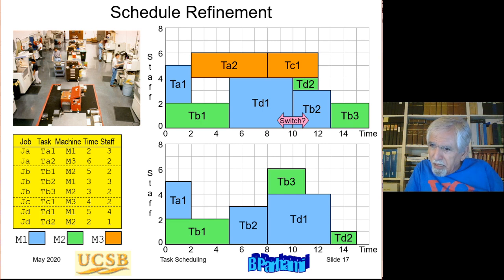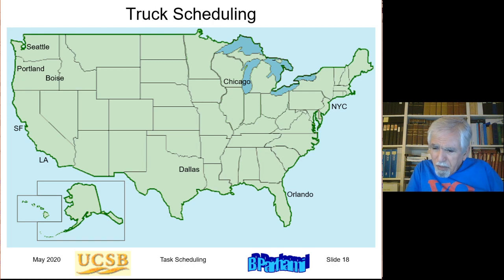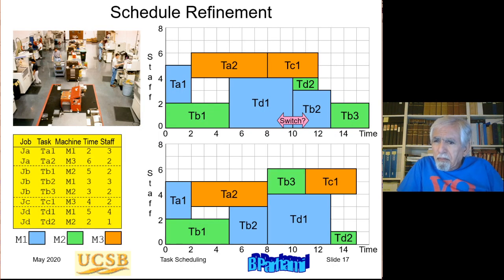And now with this change of TB2 and TD1, I'll try to put the other boxes. And sure enough, I was able to shave 1 time unit from the completion time. And therefore, that switch of the 2 tasks, D2 and D1, was a wise one because it led to a better schedule.